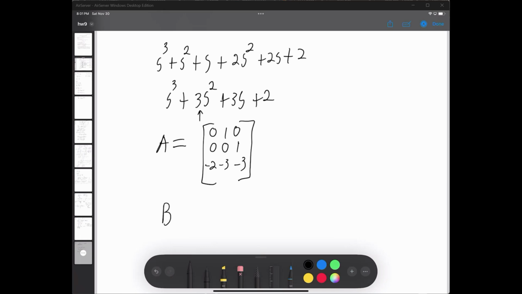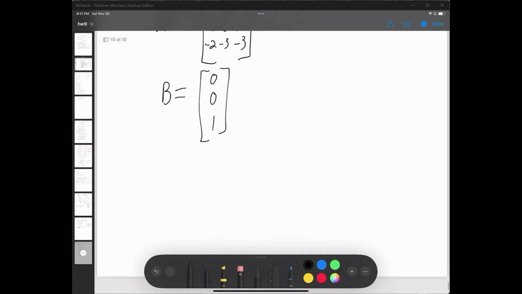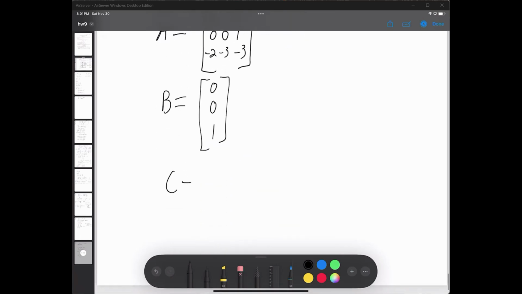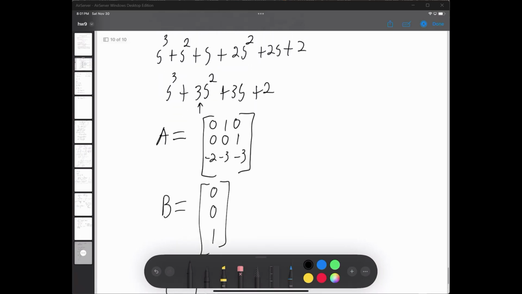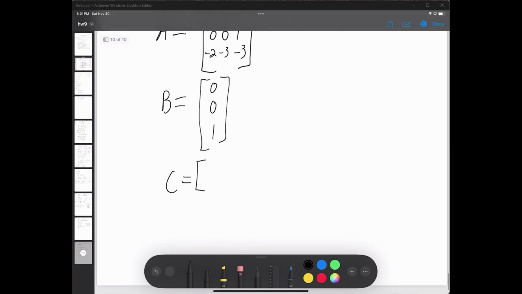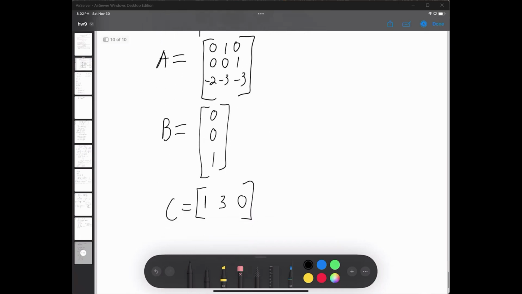And then for B, it's going to be just a basic vector, 0, 0, 1. It's just plug in. C is going to be equal to the numerator constants. So we see s is a 1. This goes from left to right this time. 3, and we know that it has to be a 0 because the size of the highest order is 3, so it has to have 3 in there.